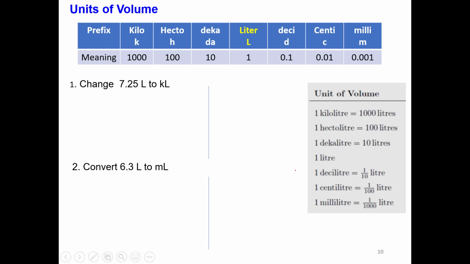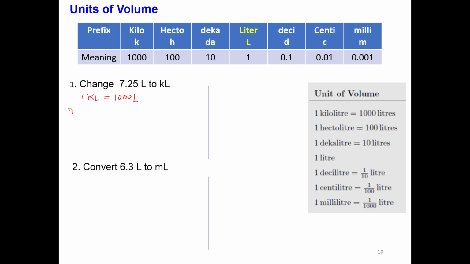And we have 7.25 liters to kiloliters. Then we can write the unit conversion factor we need to use: 1 kiloliter equals 1000 liters.